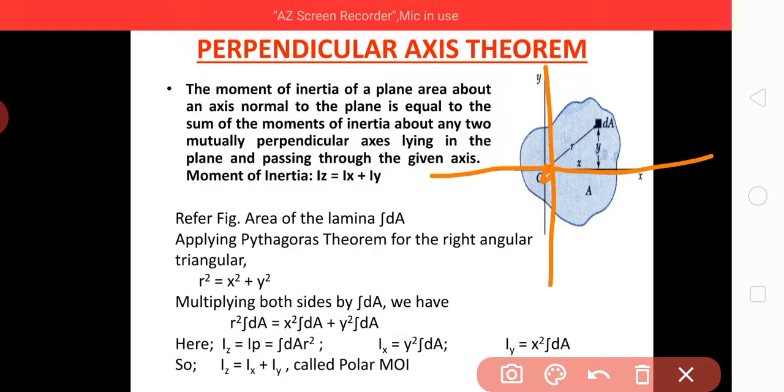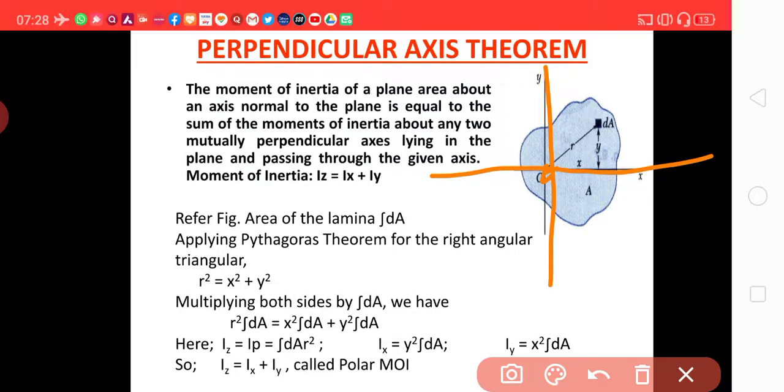Consider in your classroom the two horizontal axes at the floor, Ix and Iy, and the axis in the corner which is just going upward, we will call it the z axis. So you can understand it three dimensionally like this. Here Iz equal to Ix plus Iy.